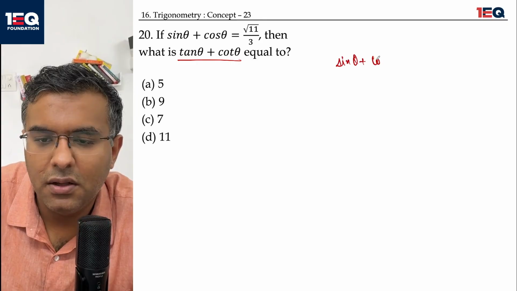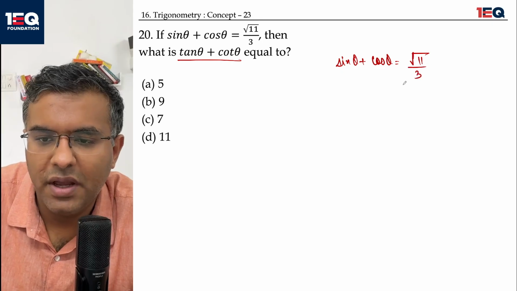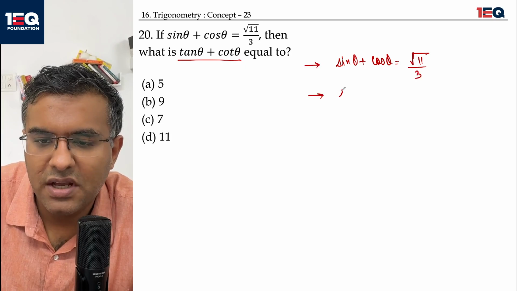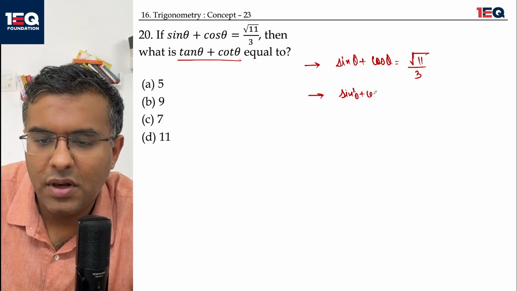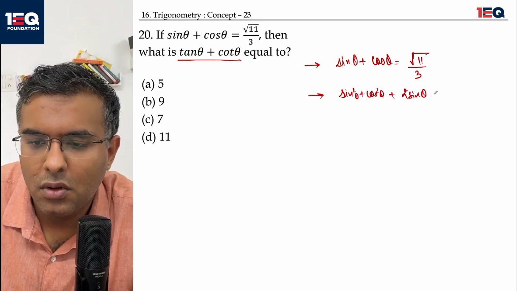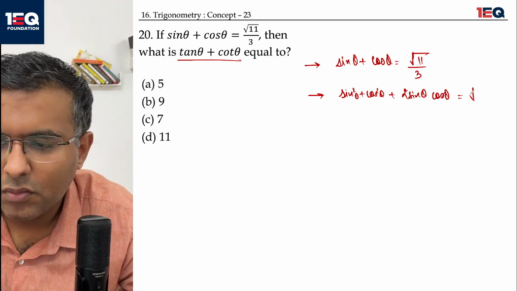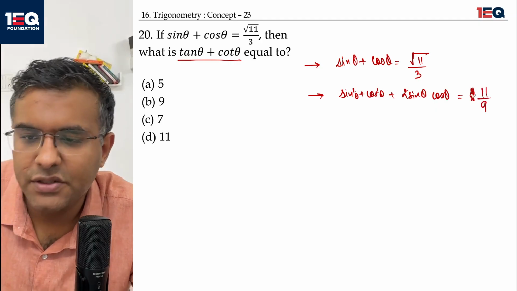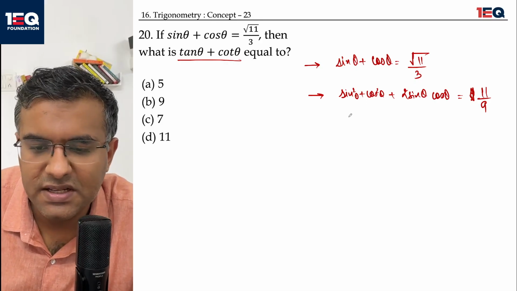So sin square theta plus cos square theta plus 2 sin theta cos theta is equal to 11 by 9. Now sin square theta plus cos square theta is equal to 1.